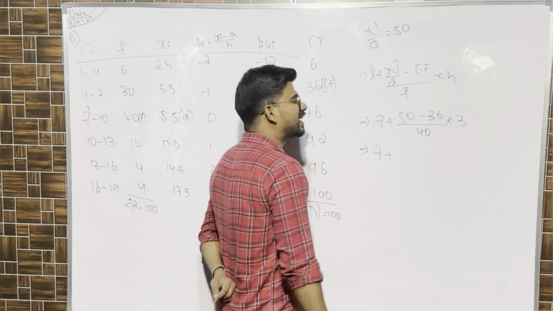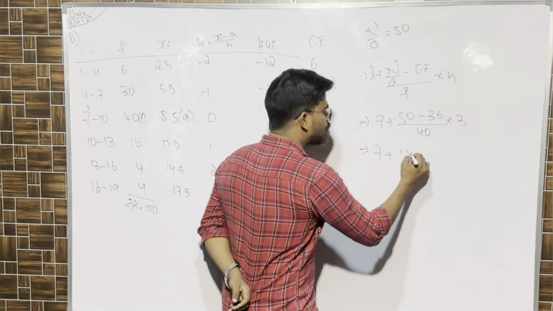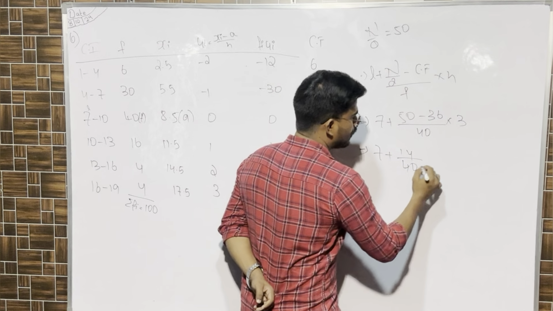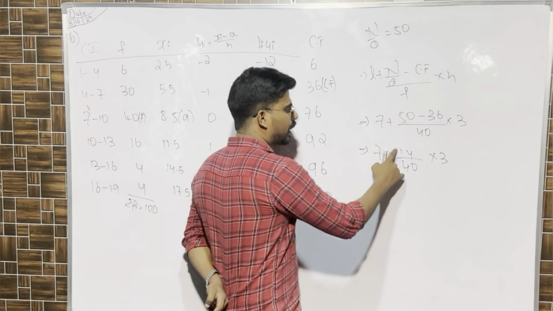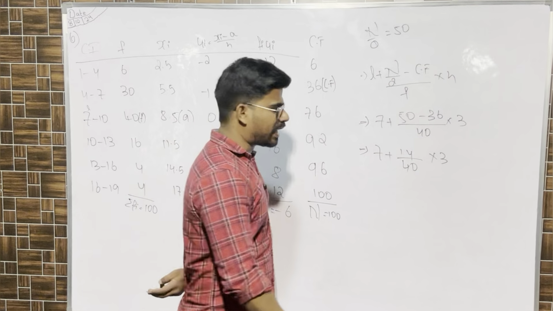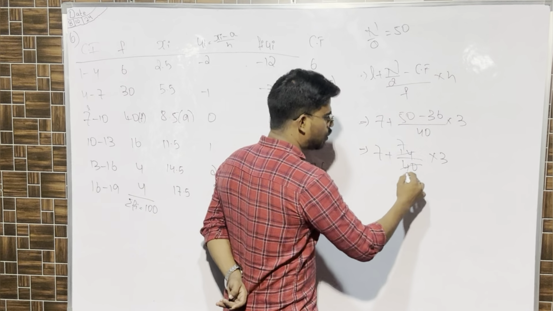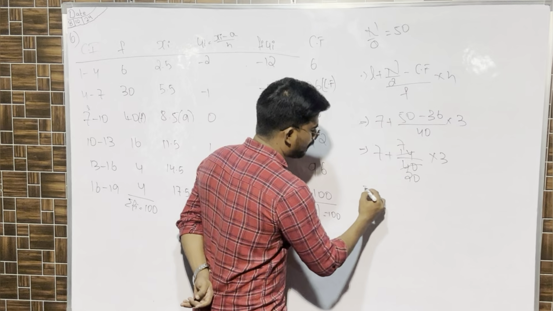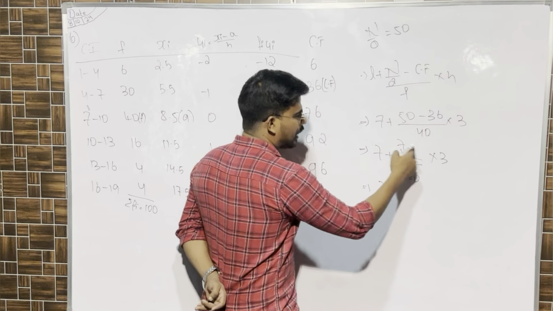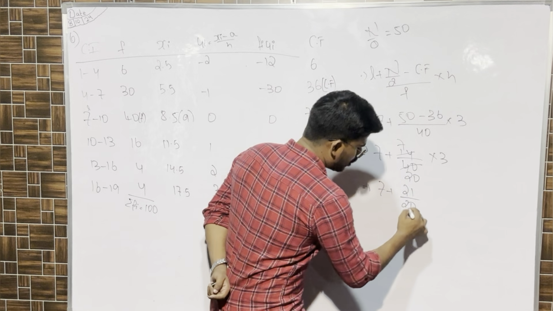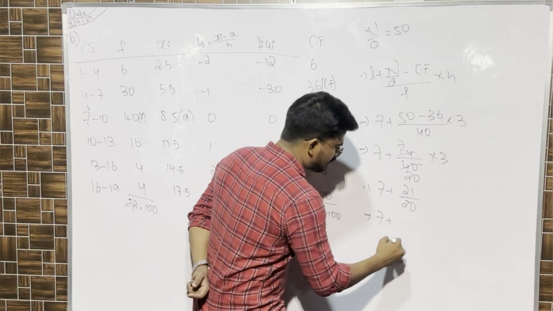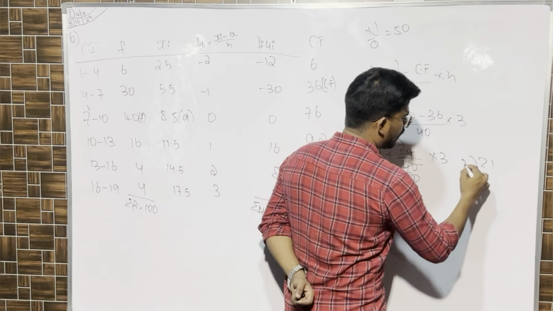Next, 7 plus 14 by 40 into 3. 3 and 40 can be cancelled in the table, and 14 and 40 can also be cancelled. 2 7s are 14, 2 20s are 40. So it is 7 plus 7 into 3, 21, divided by 20, which is nothing but 7 plus 21 divided by 20.